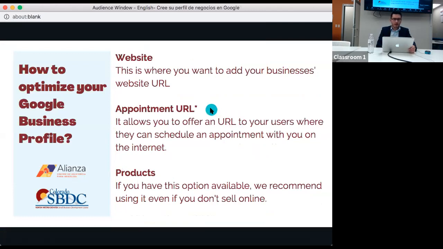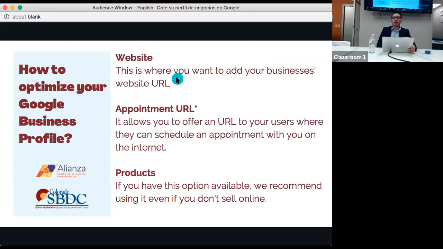All right. So website. This is where you want to add your website link. So, for example, let's make an example here. Let's say that you have more than one location. Add the specific location page from your website to this URL space instead of sending everyone to your homepage.